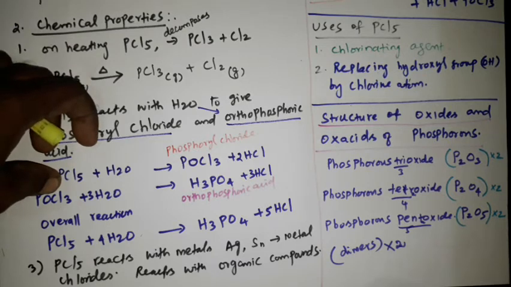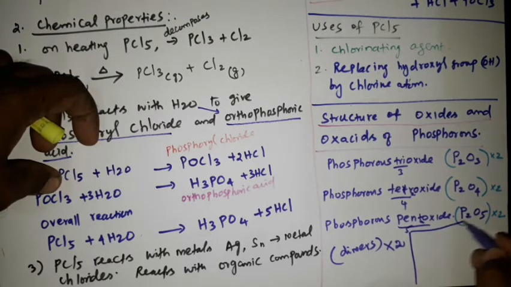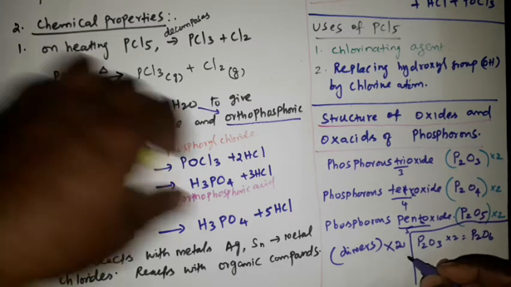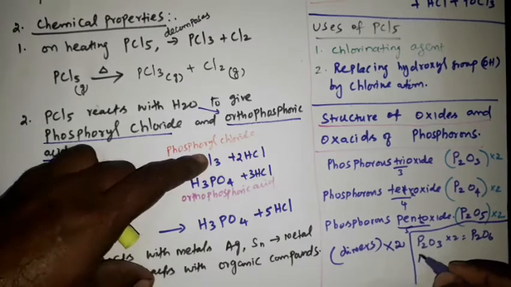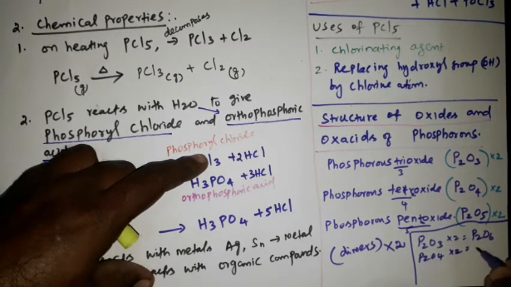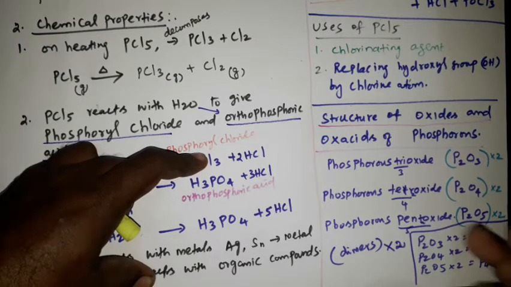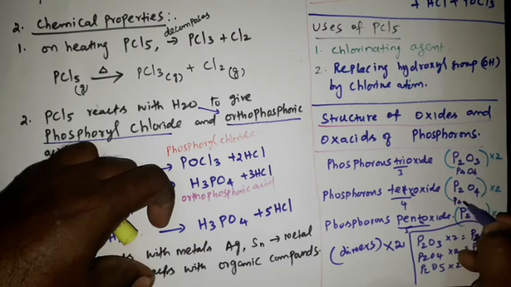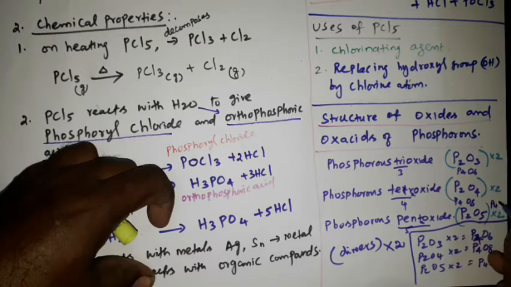So finally P2O3 into 2 gives P4O6, P2O4 into 2 gives P4O8, and P2O5 into 2 gives P4O10. So these are the correct formulas: P4O6, P4O8, and P4O10.